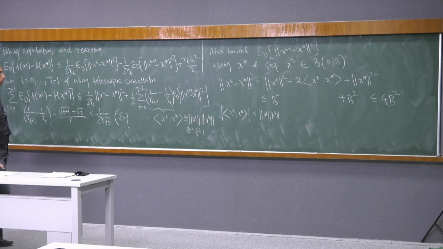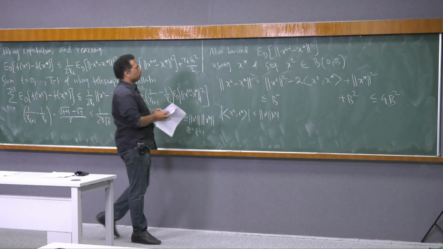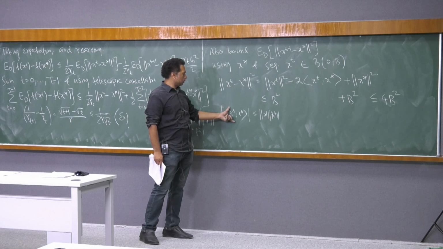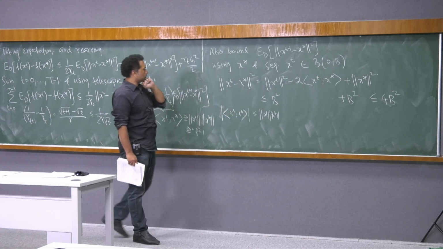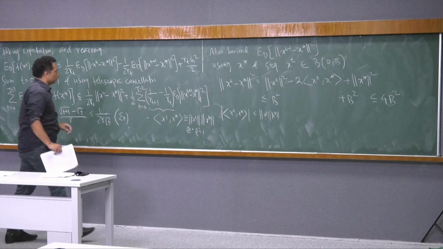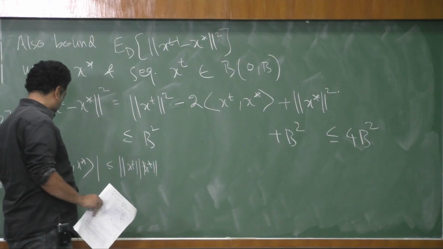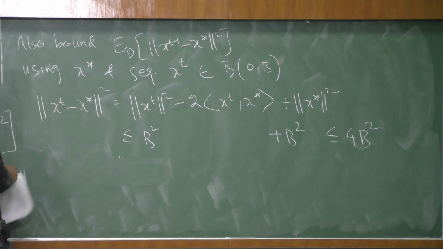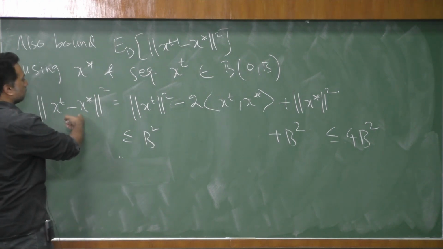And if I take a mod, then I may apply the triangle inequality first. By triangle inequality, each of the terms will become positive, and then mod of this will be applied on this, and once the mod is applied, Cauchy-Schwarz gives this. I hope what I'm saying is right, so I will write it down, and I hope we are not making any silly mistakes. What I'm saying is this can be written as a mod, because this is a square anyway.